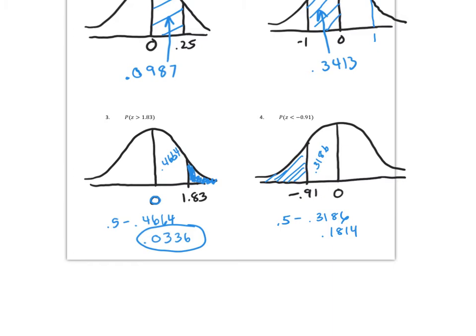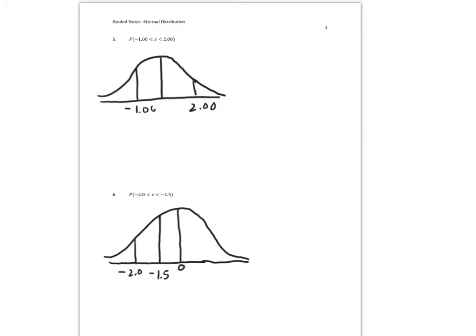Let's do some more examples. Here z is in between a -1 and a 2. So I'm trying to find all that area there. So go back to your table. That's this area, 0.4772. And now let's look up -1.0, 0.3413.